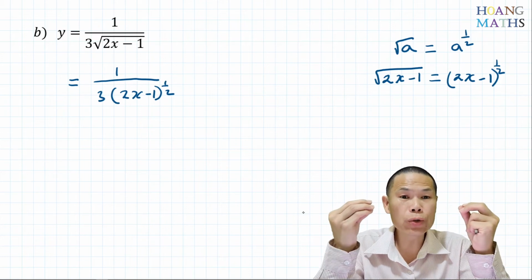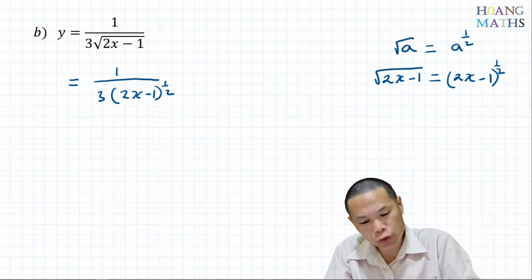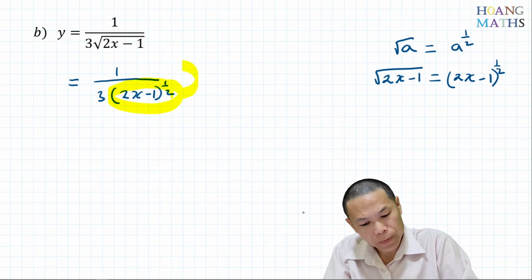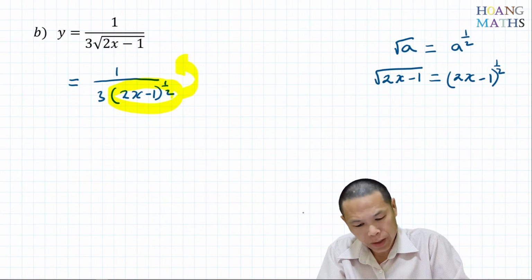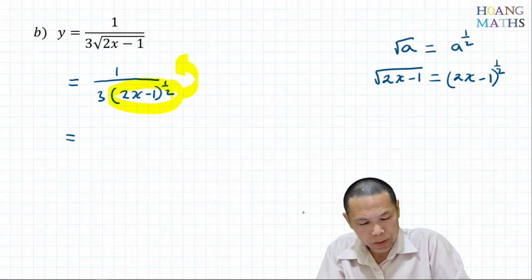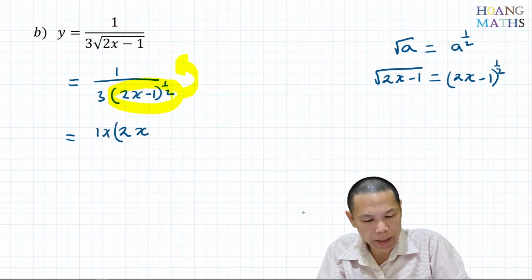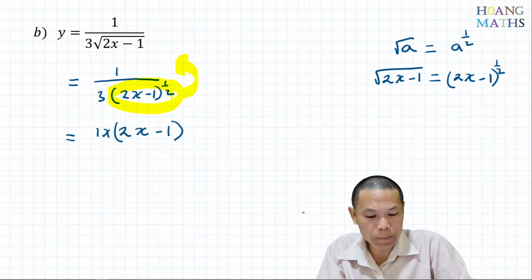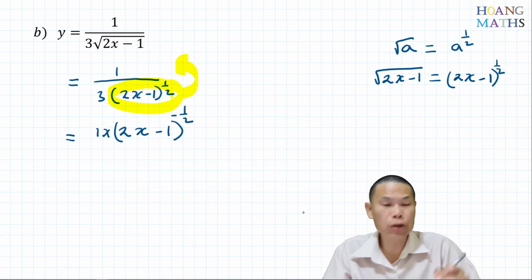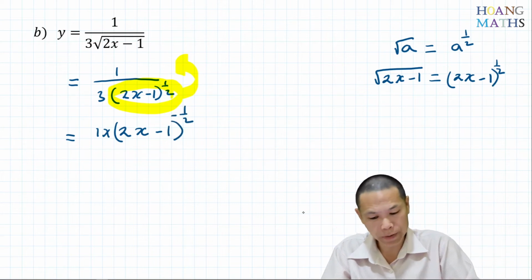Now I need to bring this group up. That is exactly the same as 1 times 2x minus 1 to the power of negative a half, over 3, because when I bring the half up, it becomes negative.